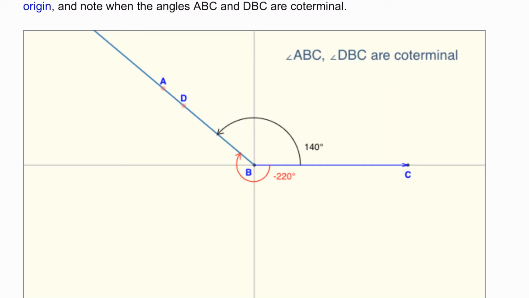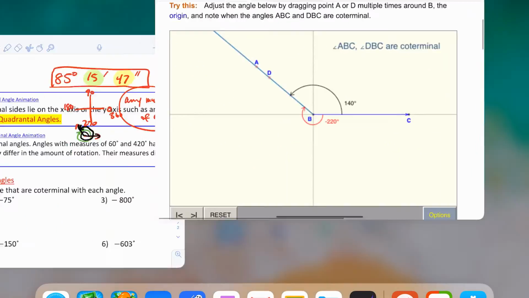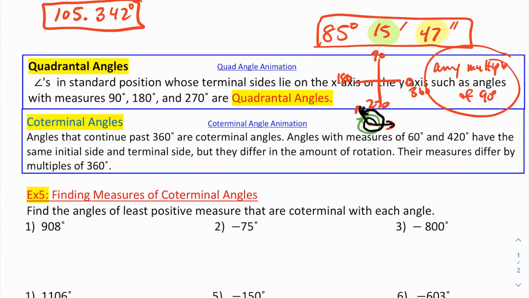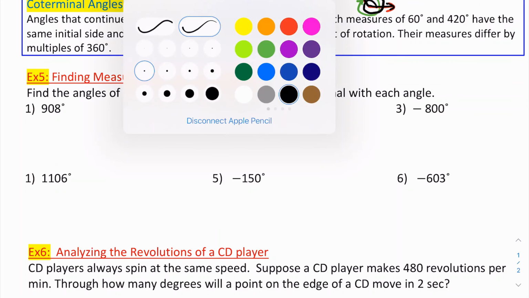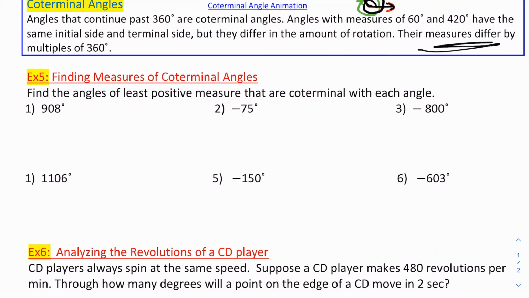Negative 220 and 140. So what you should notice about coterminal angles, if they start and end in the same place, is that they're separated by 360 degrees. So coterminal angles' measures differ by multiples of 360.